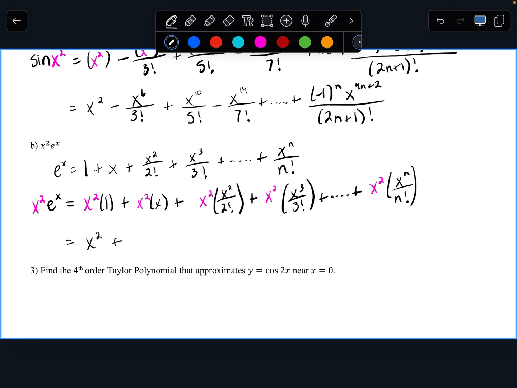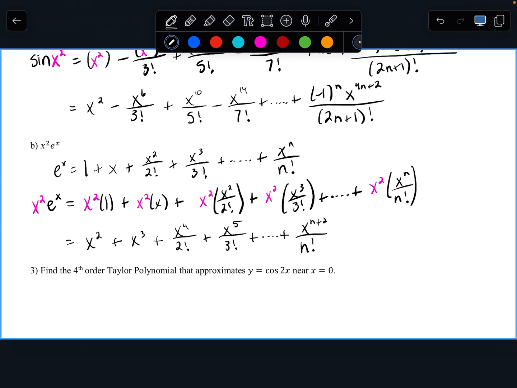So then your grand finale would be x squared plus x cubed plus x to the 4th over 2 factorial plus x to the 5th over 3 factorial, dot, dot, dot. And just like how you did all the other ones, you added them. I like the n when it's first, so that's just me, but it'd be x to the n plus 2 over n factorial. So the x's are only affecting the x's. Don't do anything to the n's. And that'd be it.